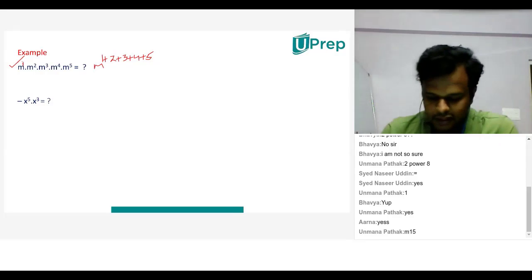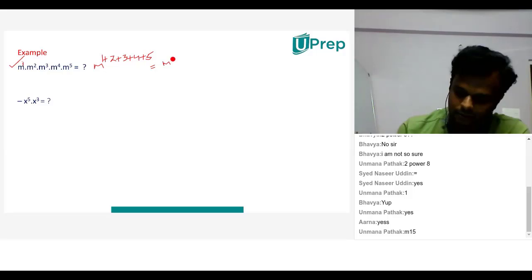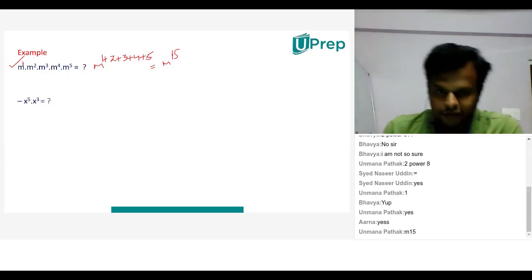If I add the numbers in the exponent, 5 plus 4 is 9, 9 plus 6 is 15. So the answer is m power 15.